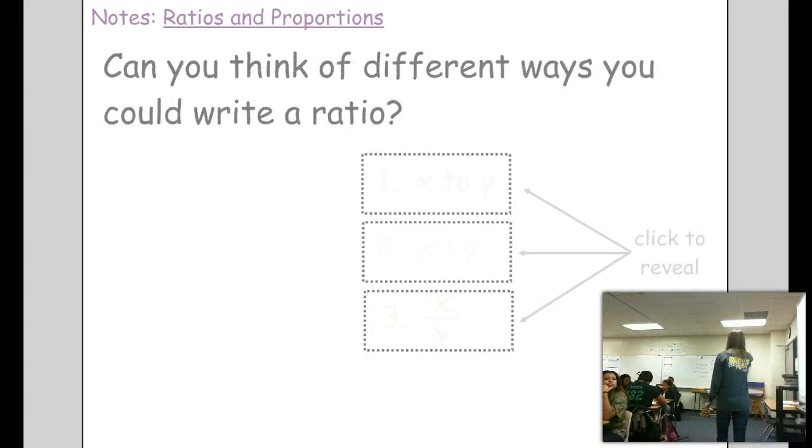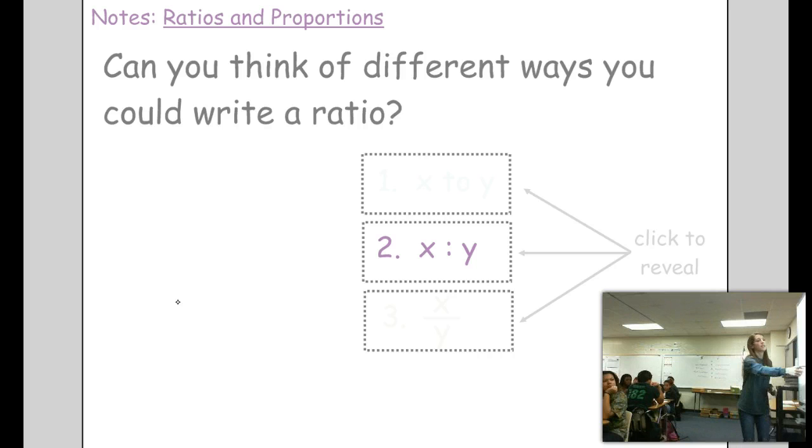All right, 3 ways we can write a ratio. How can you write a ratio? With the dots, the colon. Write it down. One of the 3 ways is x colon y. How else can we write a ratio?